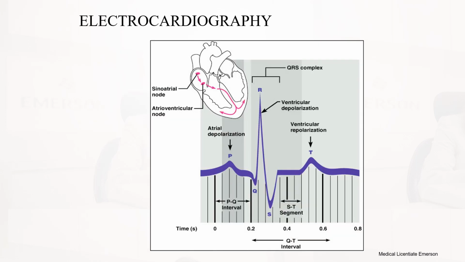Okay, that's about ECG. So this is how the ECG can show you the P wave, the PQ interval, the QRS complex, then the ST segment and the T wave, then you have the QT interval.